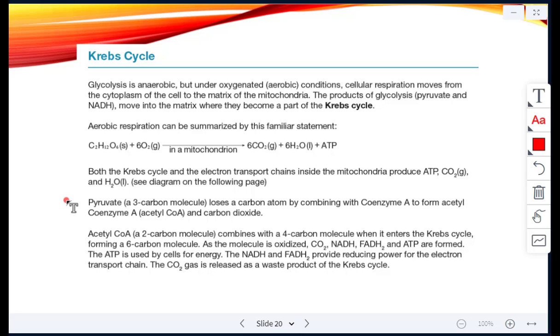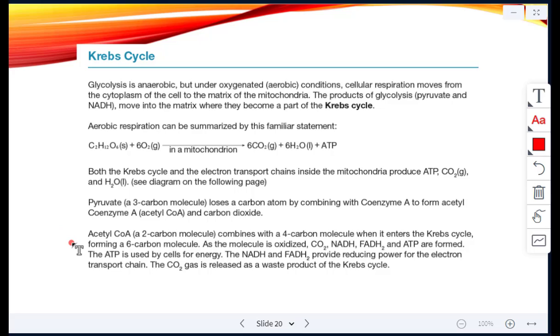Pyruvate, which is a 3-carbon molecule, loses a carbon atom by combining with that molecule called coenzyme A, and it'll form a molecule called acetyl coenzyme A, abbreviated to acetyl-CoA, as well as carbon dioxide. So now acetyl-CoA is a 2-carbon molecule. It will combine with a 4-carbon molecule when it enters the Krebs cycle, and it'll form a 6-carbon molecule.